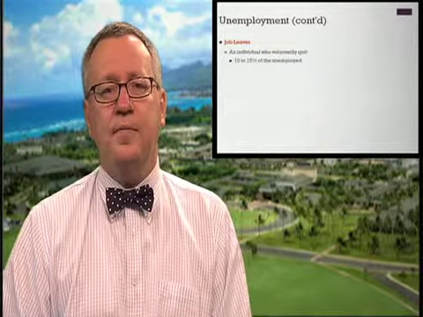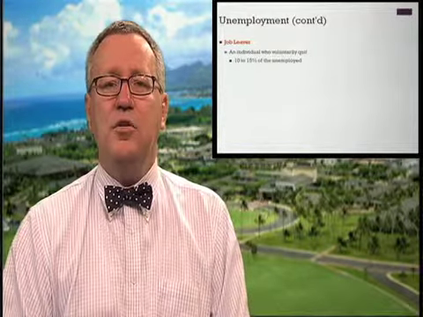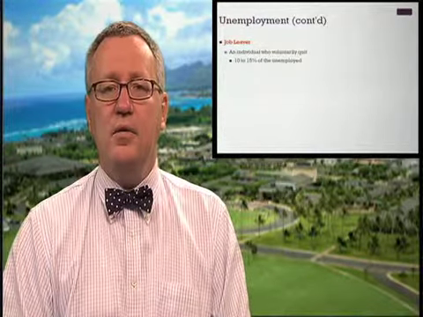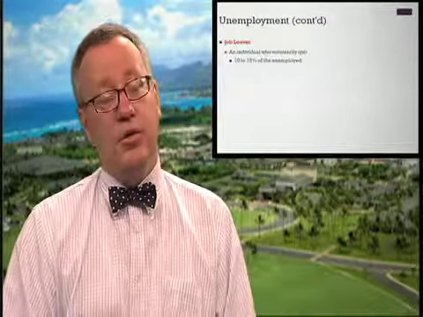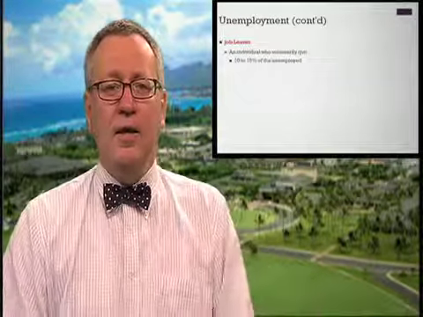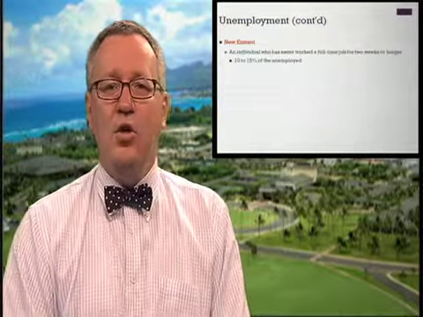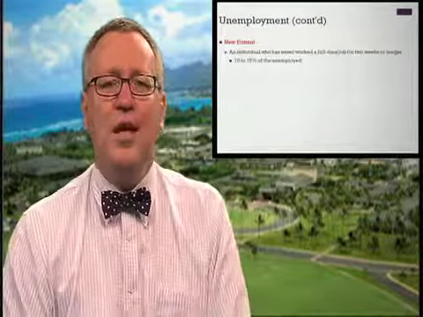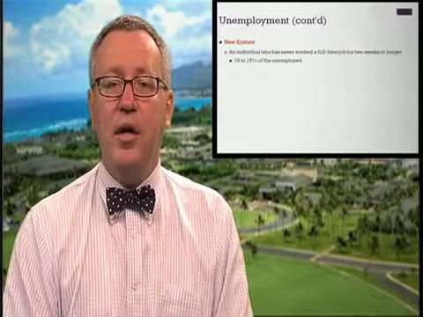Job leavers, which are the smallest component here, are individuals who voluntarily quit and hate their job, didn't want to be an accountant, and who can blame them? But they didn't want to be an accountant, so they decided to leave their job and go and find a different job. New entrants are individuals who never worked a full-time job for 2 weeks or longer and are now entering the market.